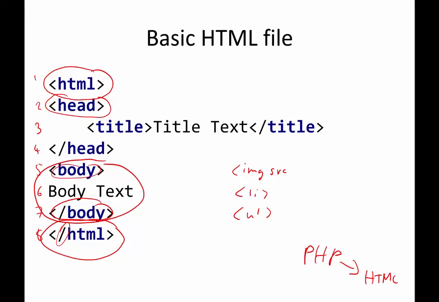So you manage the CMS. The CMS runs on PHP. PHP creates HTML code, and the visitors to your website then get the HTML code. There's also a database built in here.